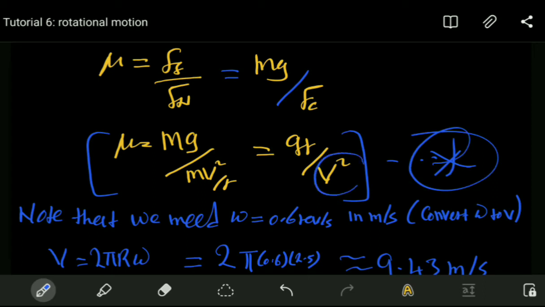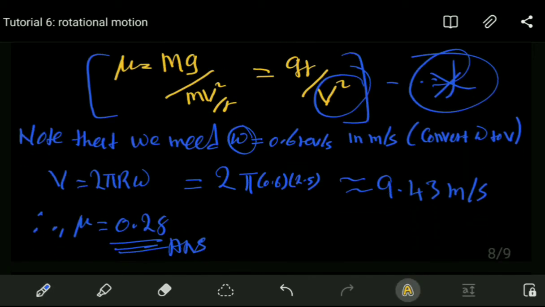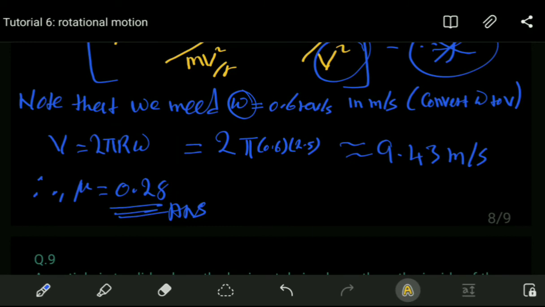We need this speed in meters per second. The equation is gr over v squared, but in the question we have omega, so we change this omega to v. If we convert that, we find that the speed v equals 2 pi r times omega.